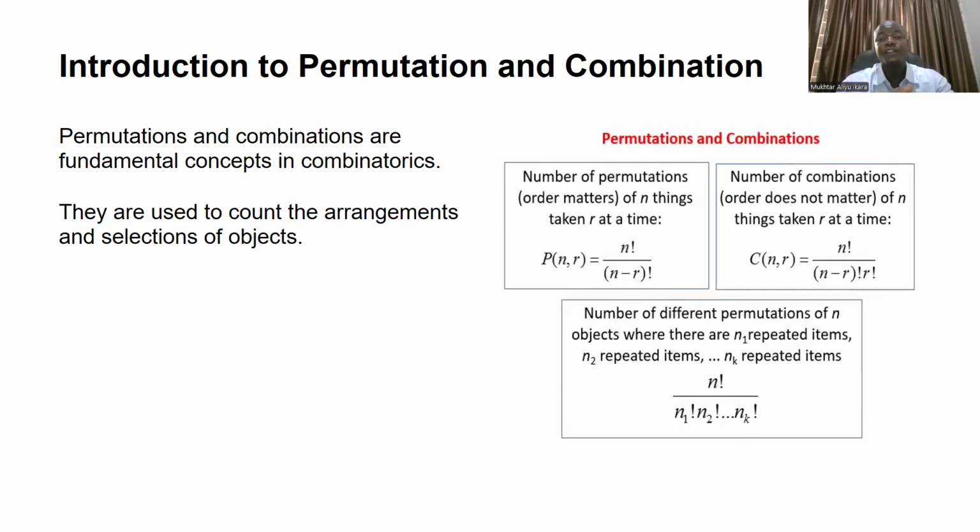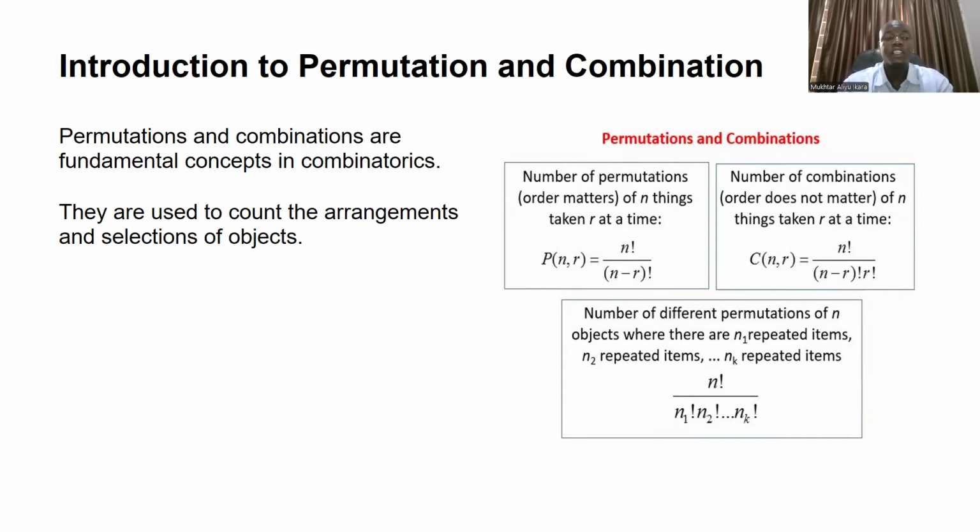In addition, these are the formulas that I use for the calculation of permutation and combination. For the number of permutations, the order matters, that is, how you arrange the objects matters. So we have the formula for calculating permutation, P(N, R).